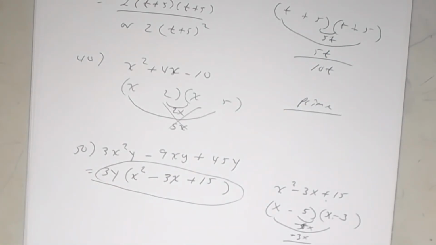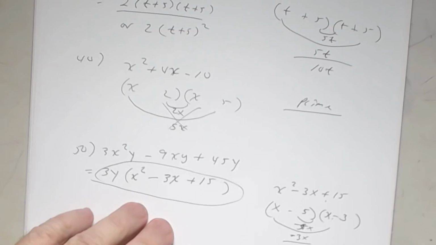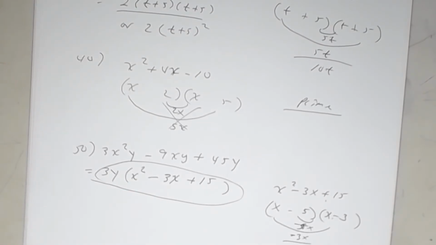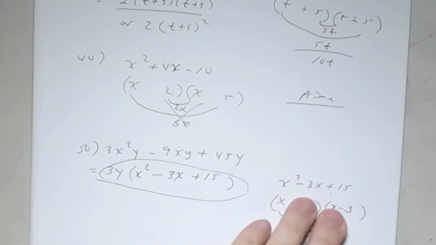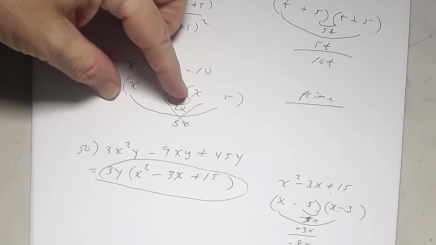We were trained to do it the other way, though. There are situations where you can't do anything else with the trinomial, and there's an example, number 50. Don't say prime. In your mind you would say the trinomial cannot be factored, so it's prime, but the original problem was factorable.